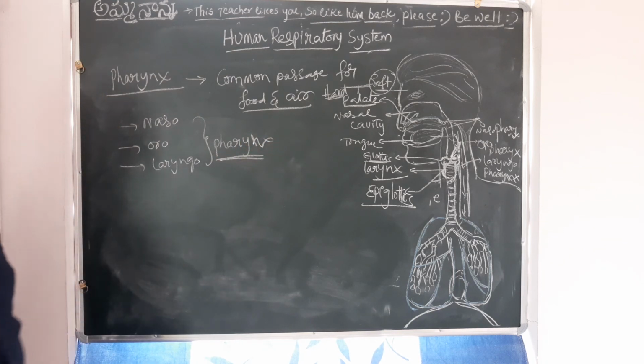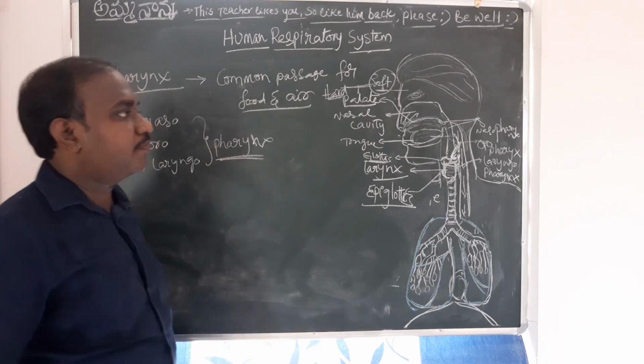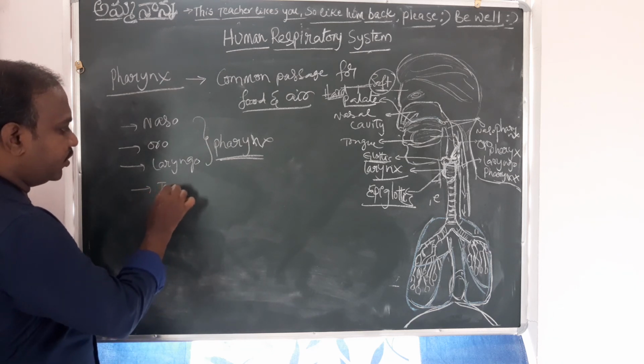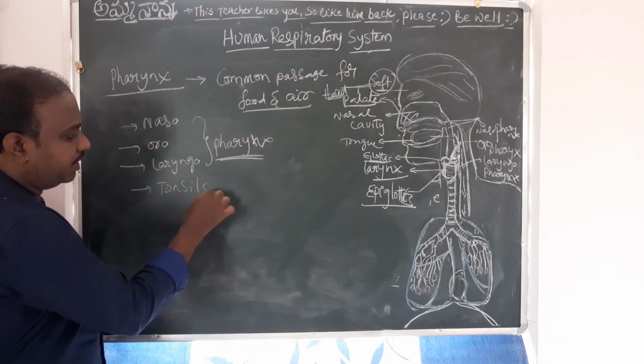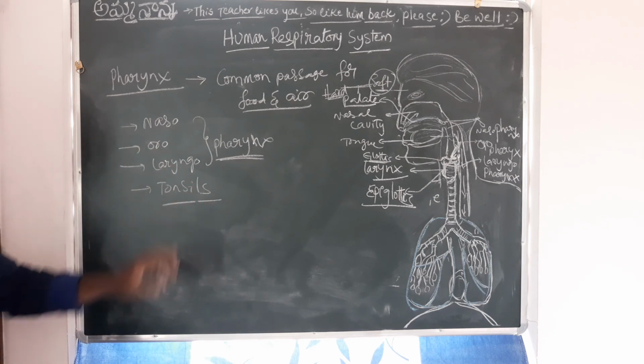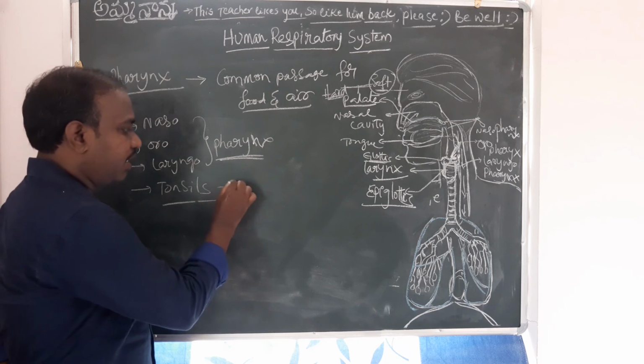Right, three pharynx regions. In the pharynx region, we have this accumulation of tonsils. Tonsils are lymphoid tissue.